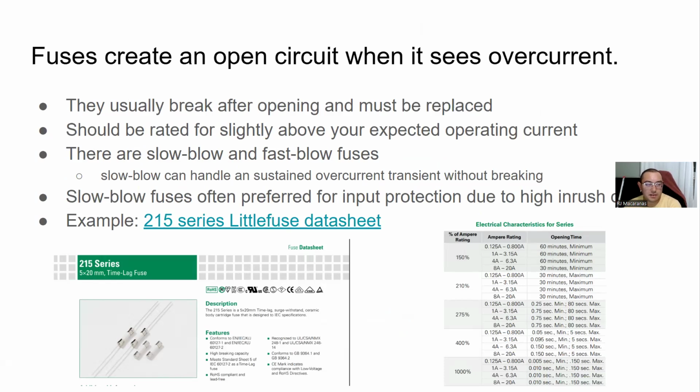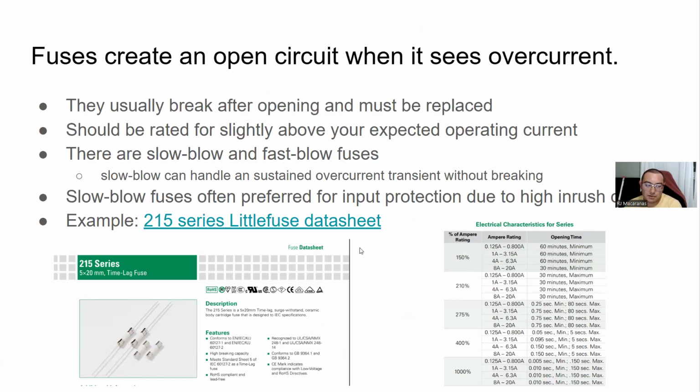All right, so fuses, first of all, these create an open circuit when an overcurrent event happens, and most of them just break once they create that open circuit and will need to be replaced. So obviously you want to pick a fuse that is rated for a current above your operating current, right? Because otherwise the fuse is just going to blow and then you're not going to be able to operate your circuit.